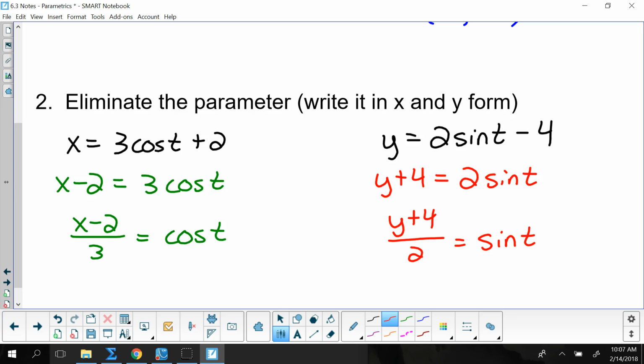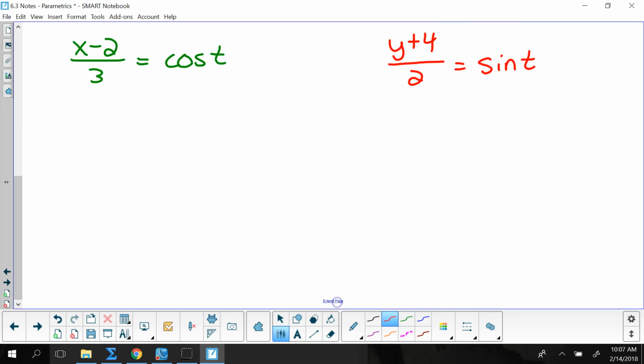So y plus 4 divided by 2 gets me sine of t. Okay. Then we said we were thinking the hammer. Knock, knock, knock. Here comes the hammer. Cosine squared of t plus sine squared of t is equal to 1.